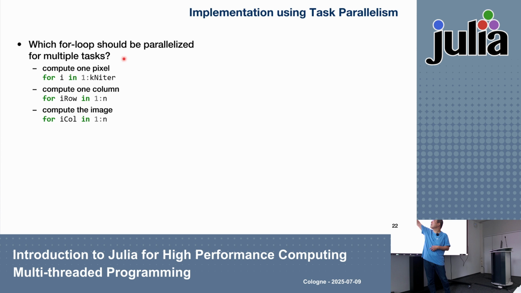And then the loop is to calculate one column, right? To calculate this one column from row 1 to row 2, row 3, and continues. And the last step is to compute the entire image from column 1 to column 2 to column 3 to column 4. Even without Julia knowledge, would you like to just make a guess which loop should be parallelized?